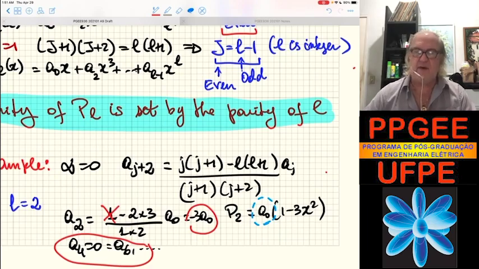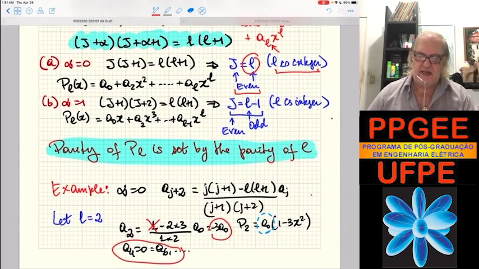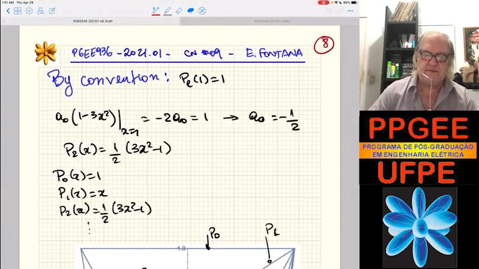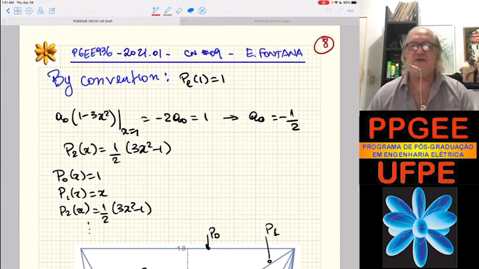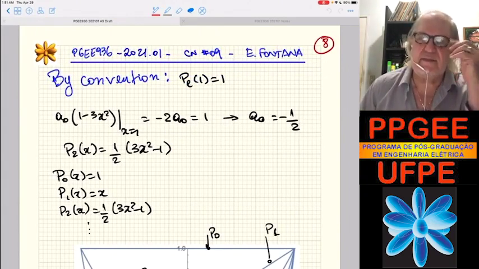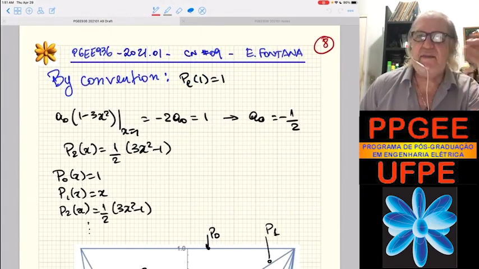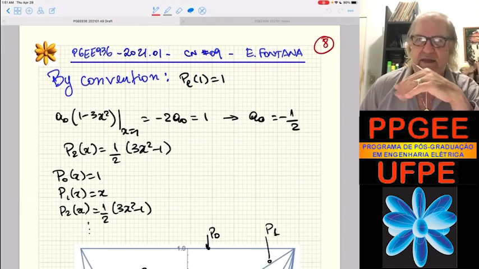These are called the Legendre polynomials, and we choose the coefficients. You see that once I calculate a0, all the other coefficients are determined.